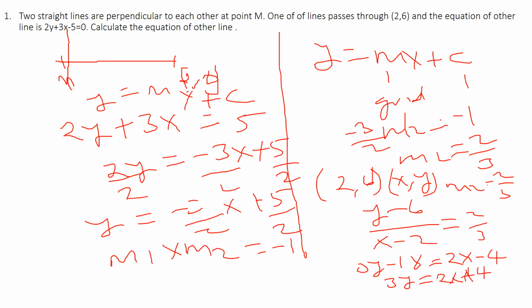Then I can divide all this by 3 so that I have my last y = 2/3 x + 14/3. You can change that to a mixed fraction. So that is how you can calculate such an equation.